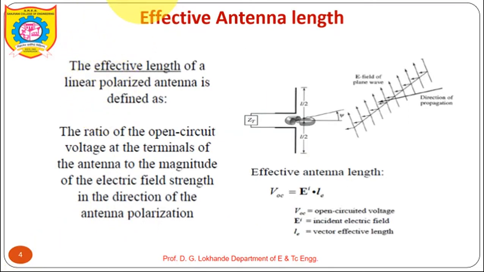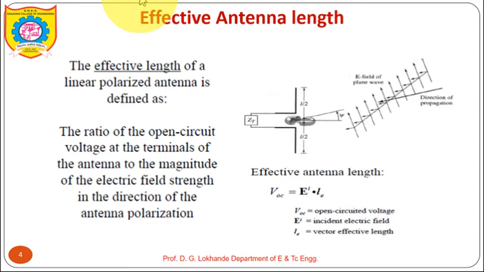Next one is the effective antenna length. The effective antenna length of an antenna, whether it's a linear antenna or an aperture antenna, is basically a quantity that is used to determine the voltage induced on the open circuit terminal of the antenna when the wave is impinging on it.